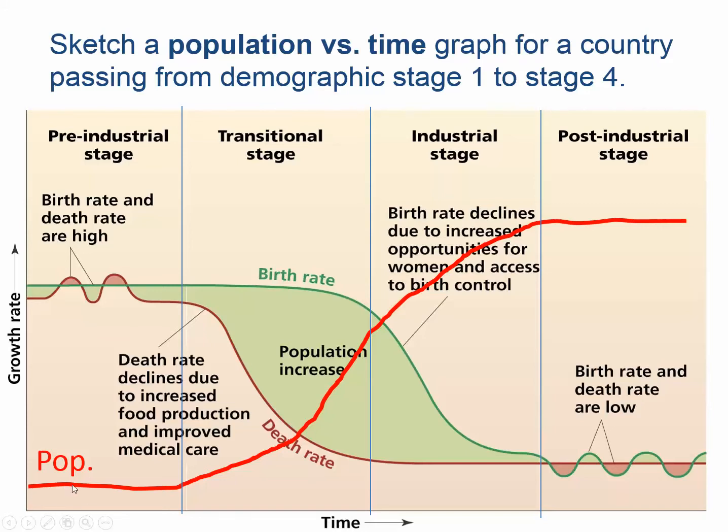So small population, but increasing with an ever-increasing growth rate, and as this gap gets wider and wider, until we reach a point at this blue line where now the green begins to come back closer to the red. And so this rate of population increase begins to decrease until finally that rate becomes 0.